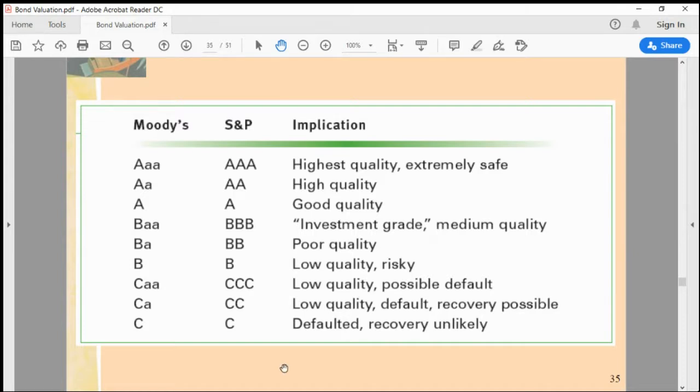They just are very risky. On the other hand, they pay very high return, so they are simply as risky as the stock, right? Something like triple C, double C, typical example of junk bond, right?